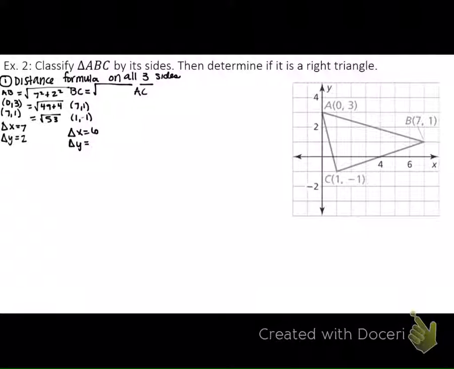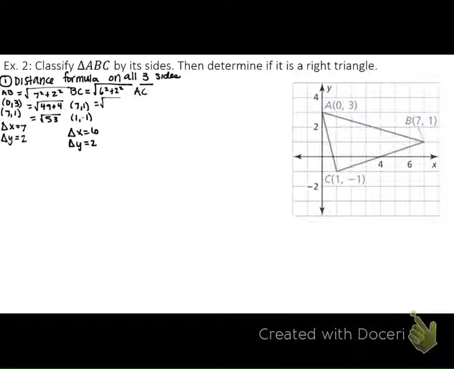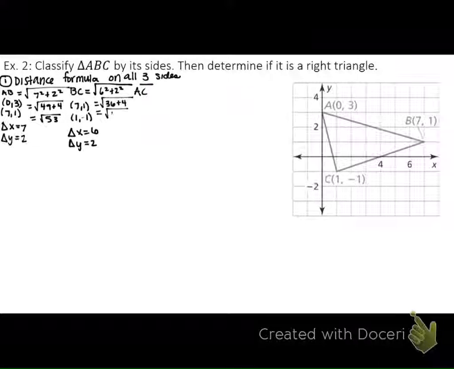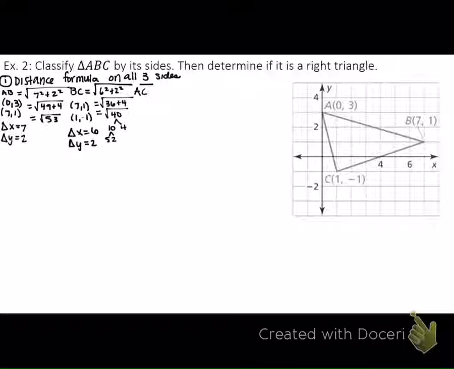Daniel, what is the change in Y? So that is the square root of 36 plus 4, which is the square root of 40. Then we can go from there.